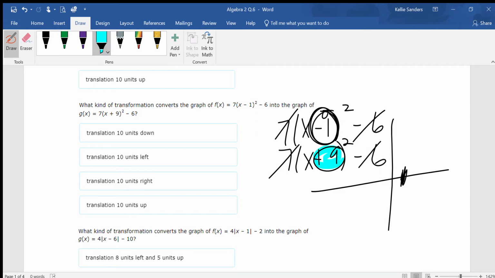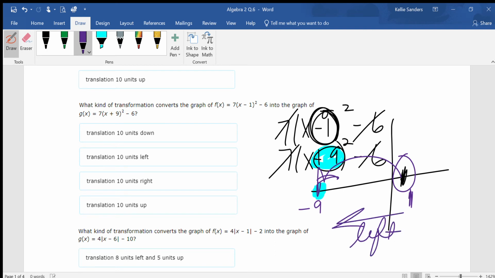If that says plus 9, then you are at negative 9 on the x-axis. So if you were here and you end up here, you went to the left 10.